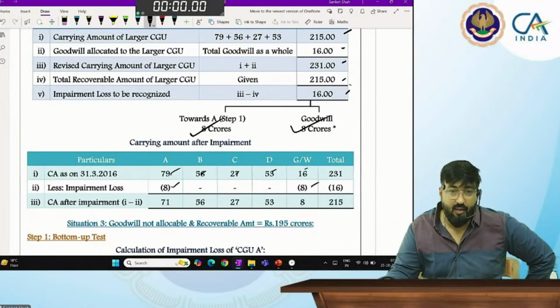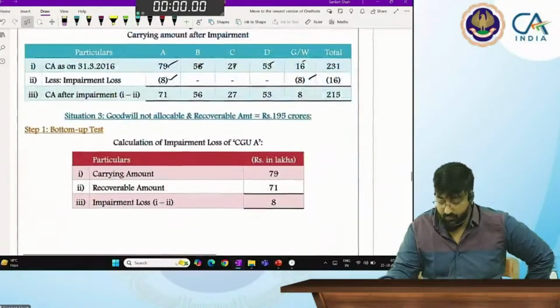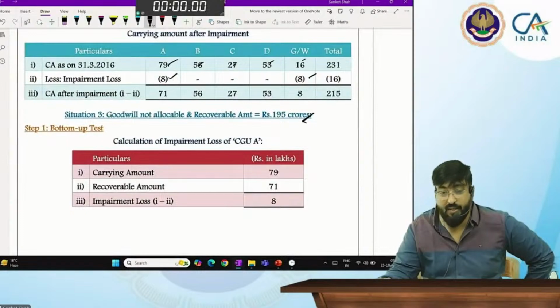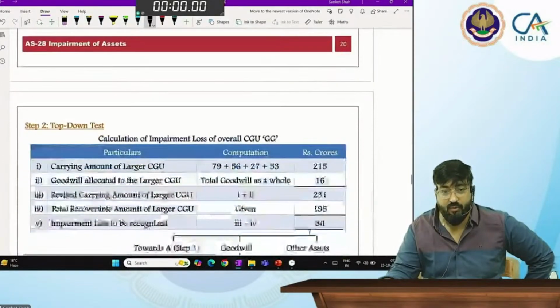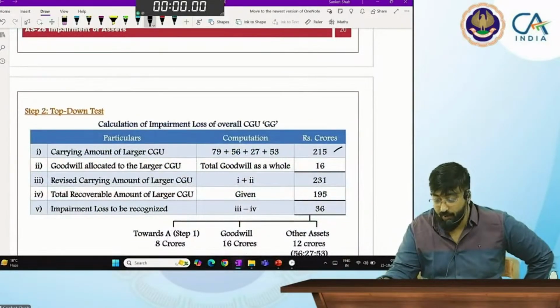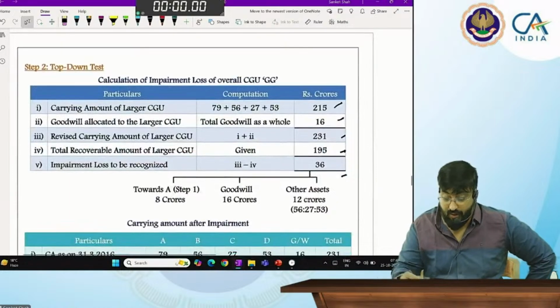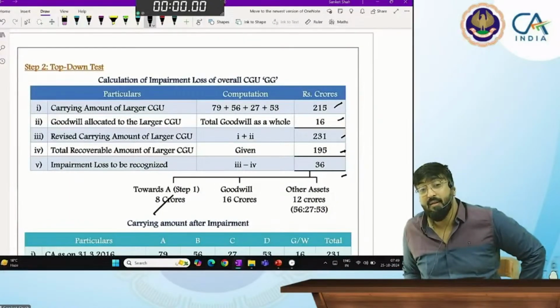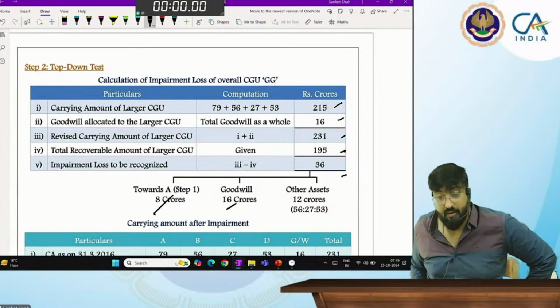And if the recoverable amount is 195, in that case 215 plus 16 is 231, minus 195, is 36. 8 already done, 16 from goodwill, then 12 from other.